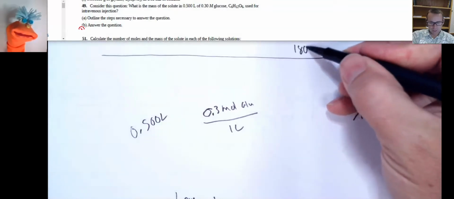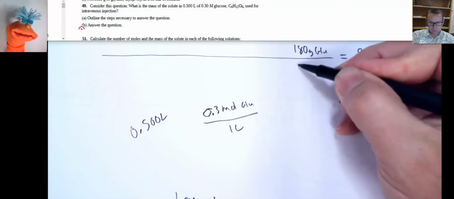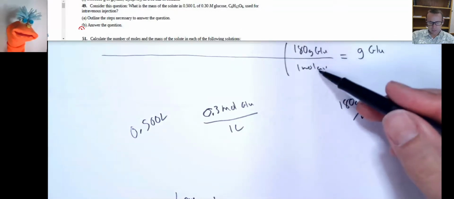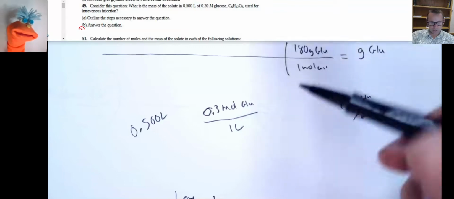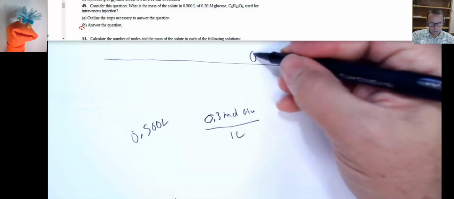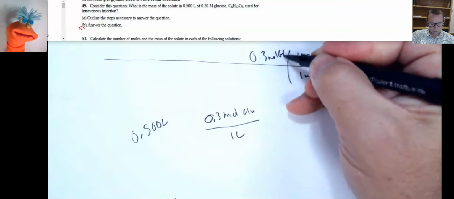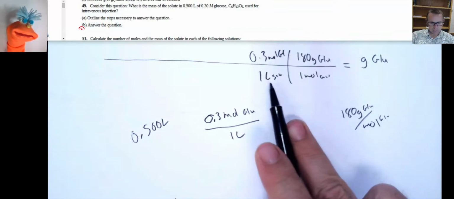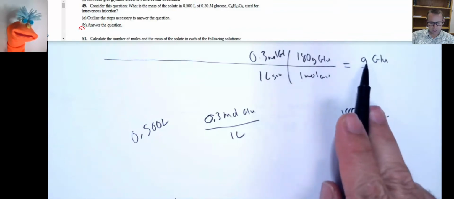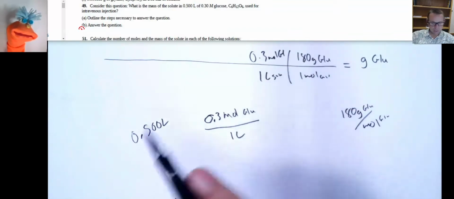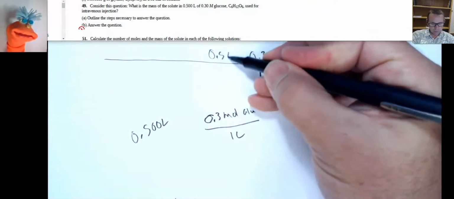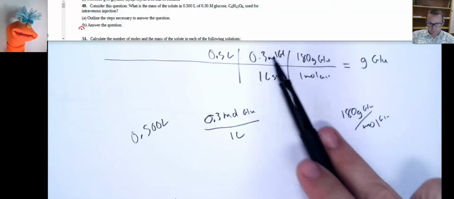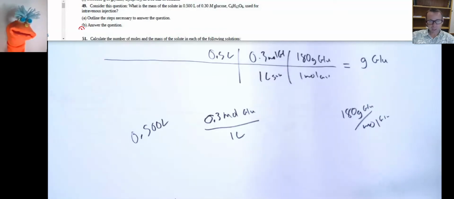Say, 180 grams of glucose are in every 1 mole of glucose. Now I need to get rid of the moles, and I see I have this, so I can put 0.3 moles of glucose for every 1 liter of solution. And then I see I need to get rid of liters of solution because I want just grams of glucose, and I have that 0.5 liters of solution. So you can work backwards to help yourself out.